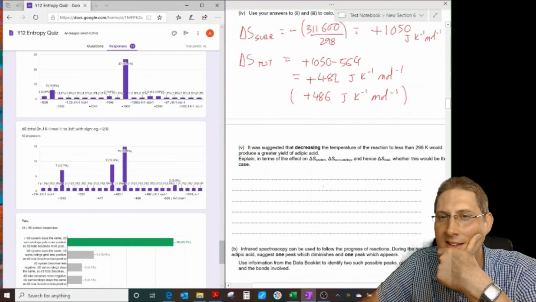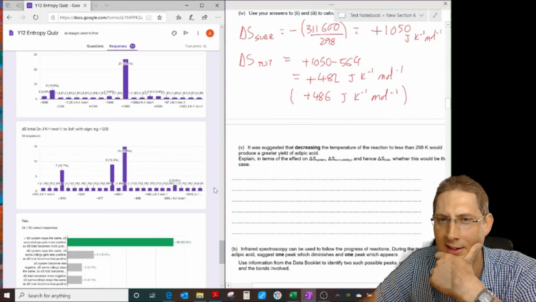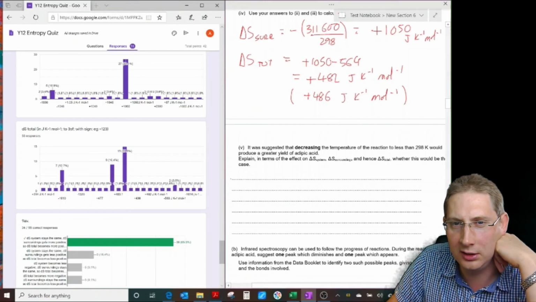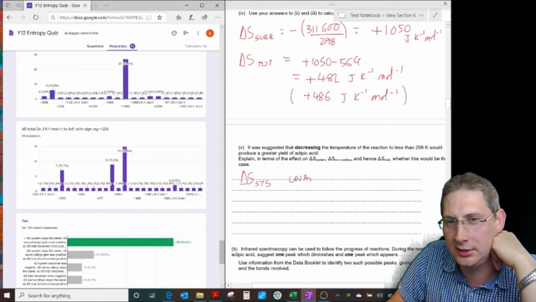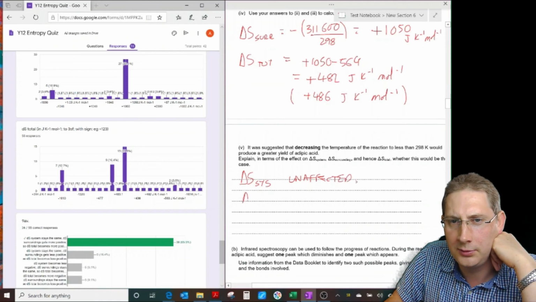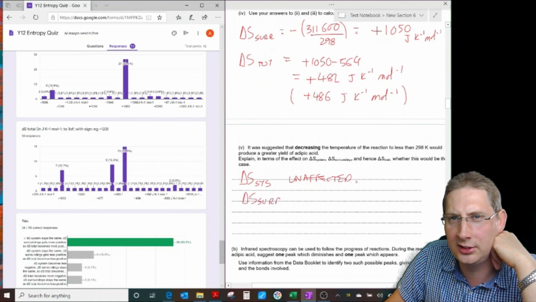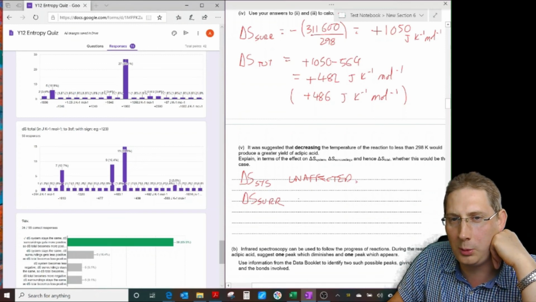It was suggested that decreasing the temperature of the reaction to less than 298 K would produce a greater yield. Explain in terms of the entropy effect whether this would be the case. Well, delta S system would be unaffected. Delta S surroundings, if the temperature got lower, that would get more positive.